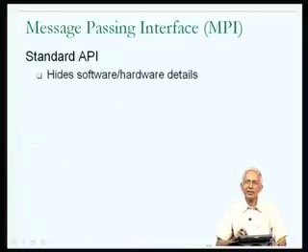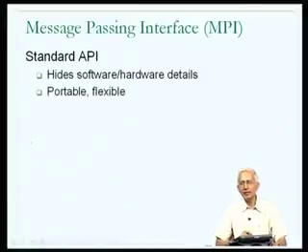So in effect, MPI hides the hardware and software details of the underlying parallel machine. It's no longer necessary for the programmer to worry about what functions are available on the version of Linux or Unix that the parallel machine happens to be running. In fact, the programmer need not be aware of the hardware details or the software details.